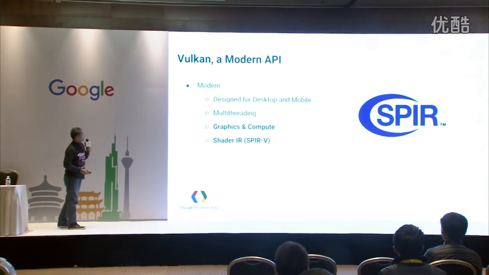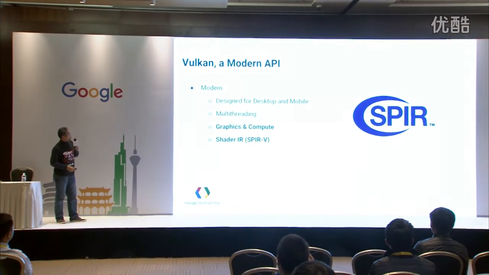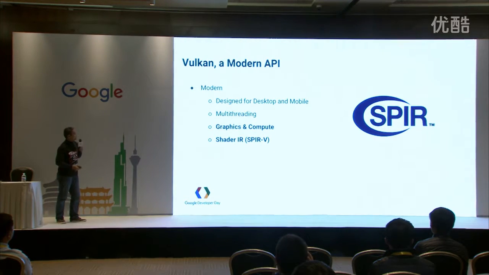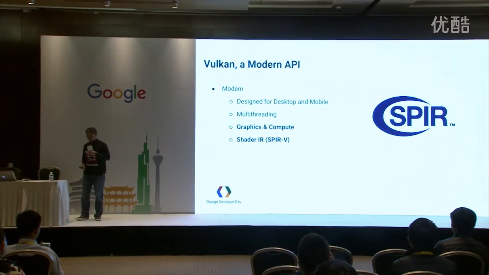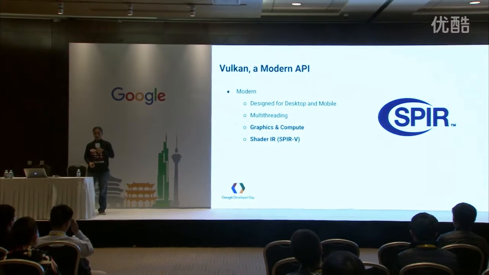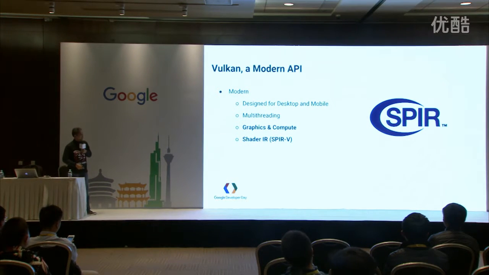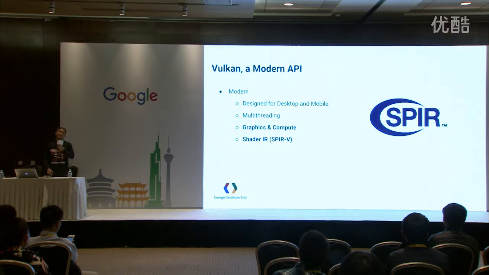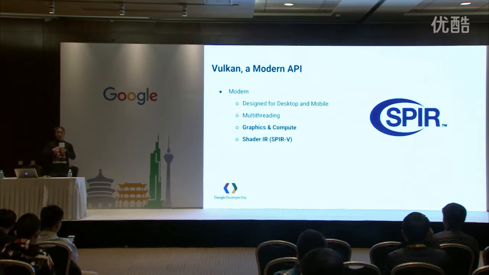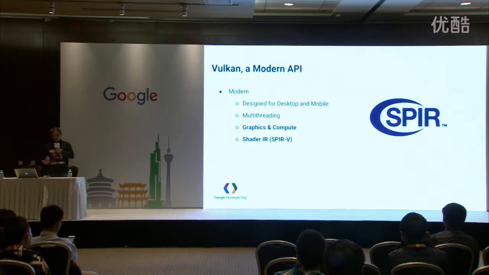Okay, so the next big feature. We said it's modern because graphics and compute are all supported in one standard, although this talk is mainly about graphics. Another one is the shader IR. In OpenGL you have a GLSL shader. You give it to OpenGL, then it compiles at runtime.